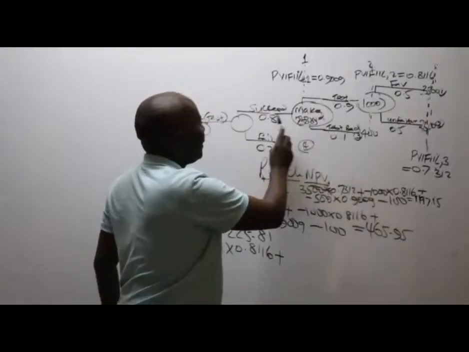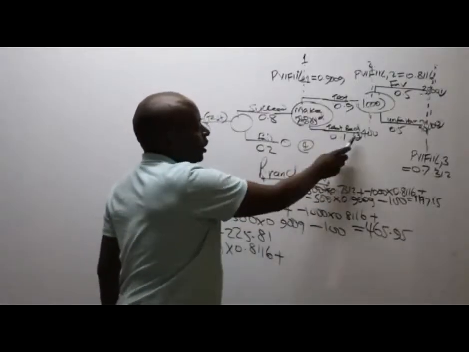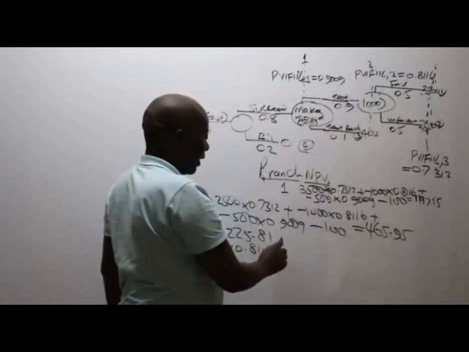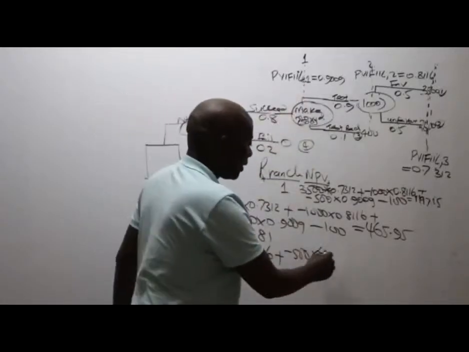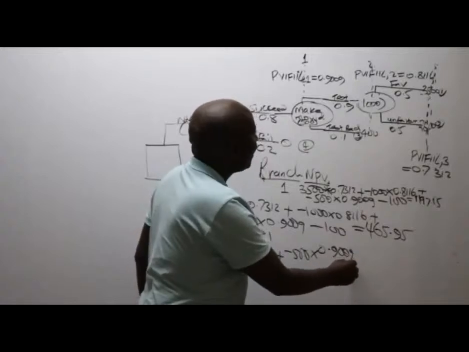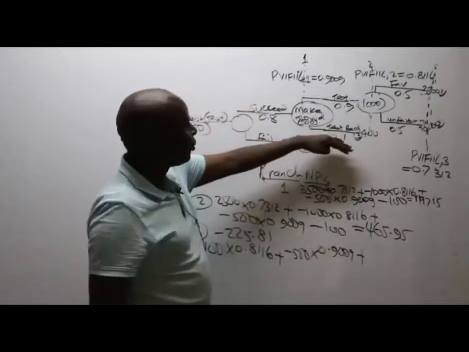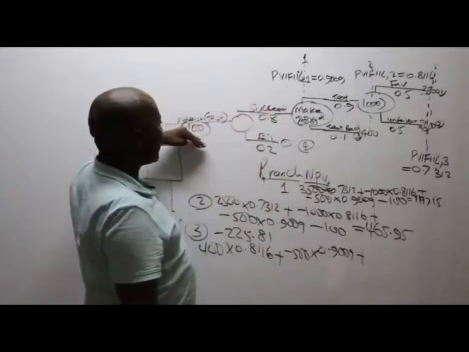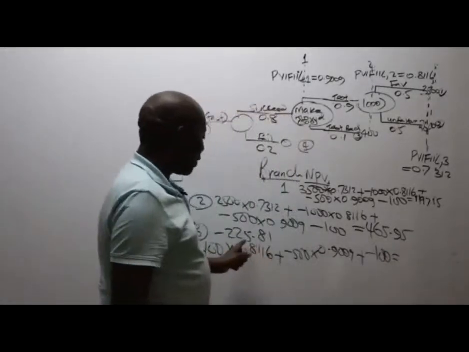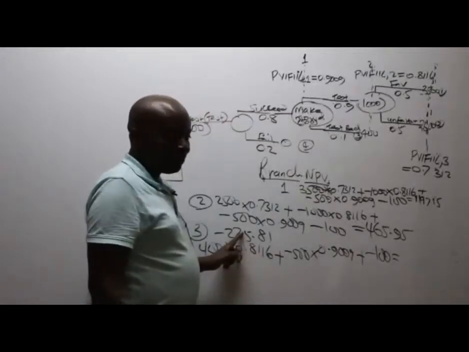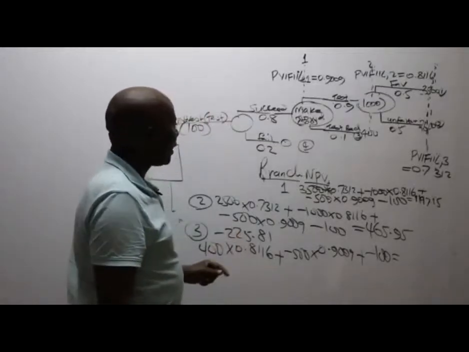So this is 400 discounted plus minus 500 discounted. When I discount this, I'll multiply with 0.9, plus, I continue with my journey. The next cash flow is minus 100. This is what they did to get this figure, I suppose.